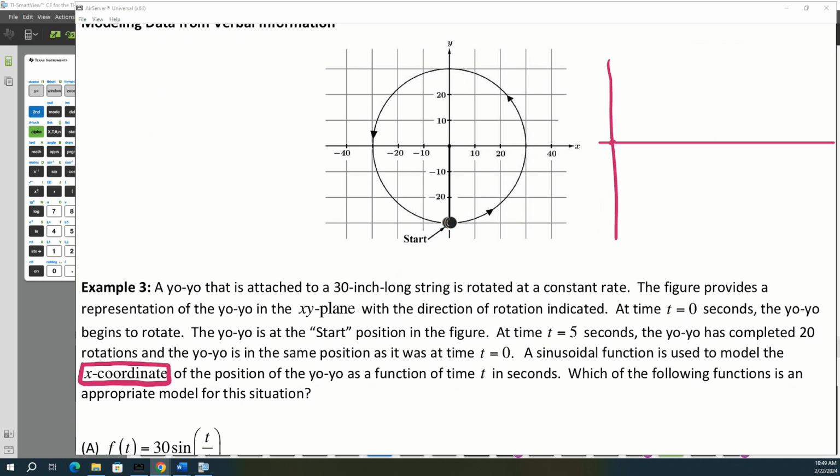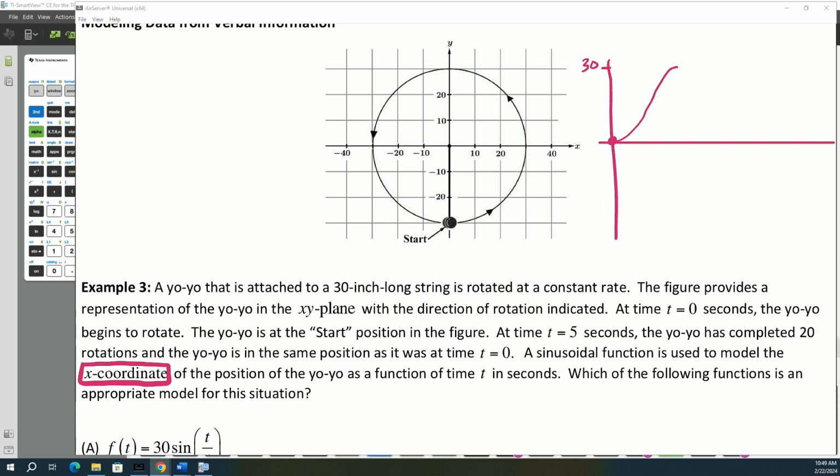So we're going to start off at 0. All right, it's rotating around this direction. And as we're rotating, is your x positive or negative? Positive. What is the highest value of the x coordinate? 30. And so what's happening at the beginning is it's increasing until we get to 30.